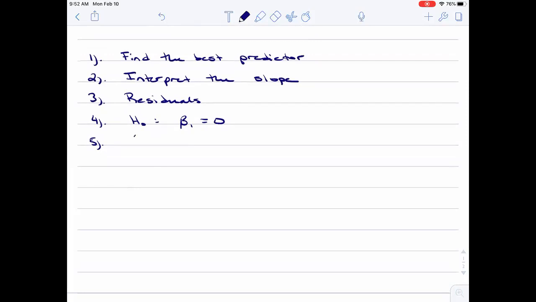Fifth problem is checking the conditions for inference. It'll give you a series of plots, and you will have a bunch of plots to look at in those practice problems.